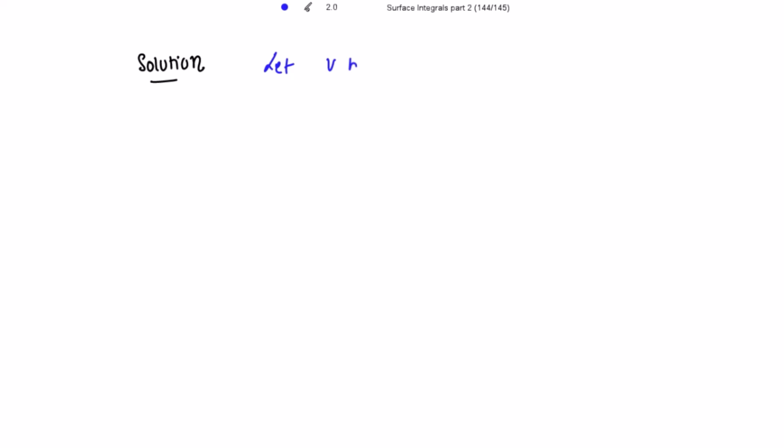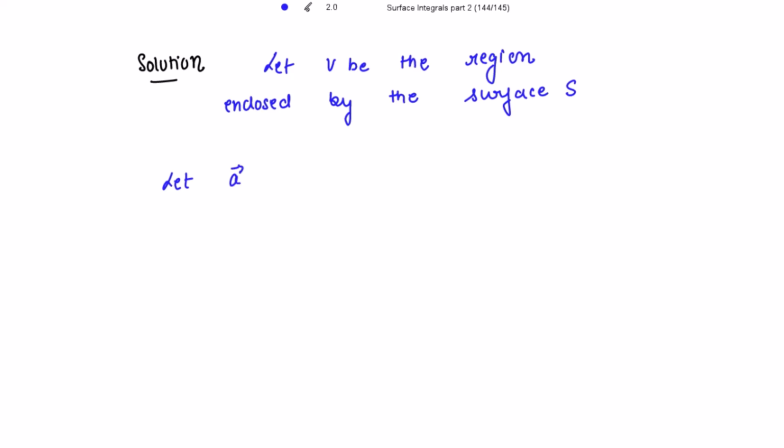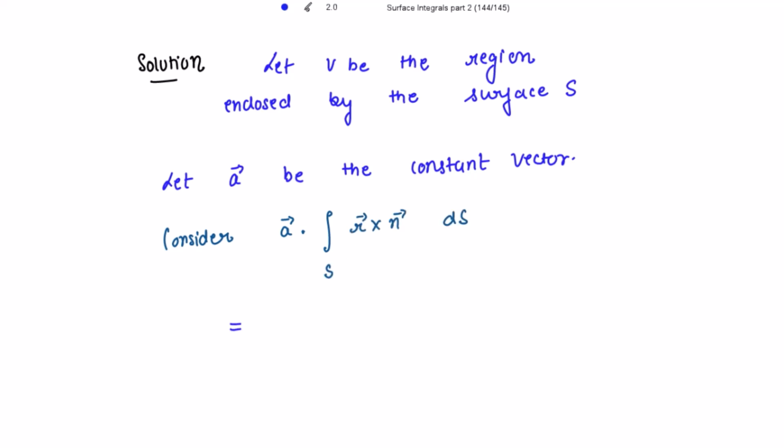Let V be the region enclosed by the surface S, and we need to suppose a constant vector. Let's suppose A vector is the constant vector, and then we consider its dot product with the given surface integral. This is equal to, just take this A vector and its dot product inside of this integral.